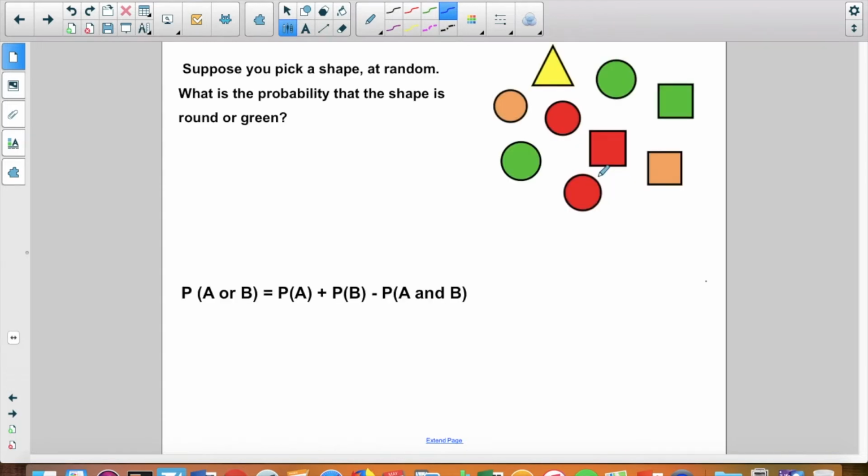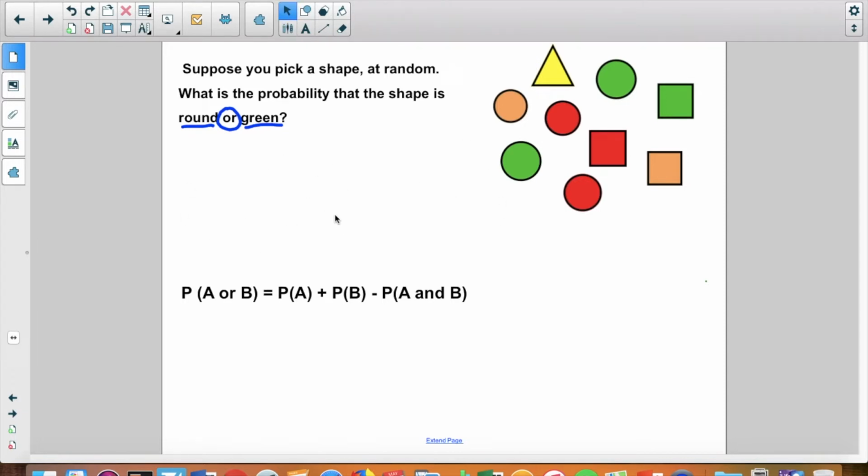Okay, so let's just look at this example here. It says, suppose you pick a shape at random. What is the probability that the shape is round or green? First, we're going to look at it just by using the shapes, and then we're going to use the equation. So I'm going to drag over here what we want.